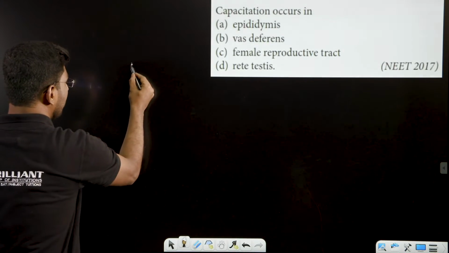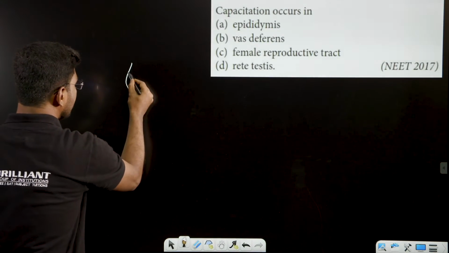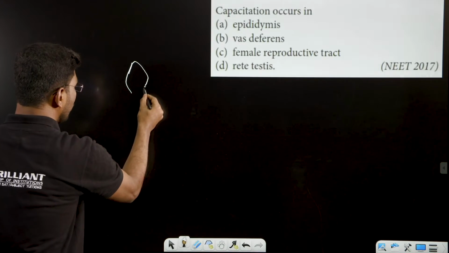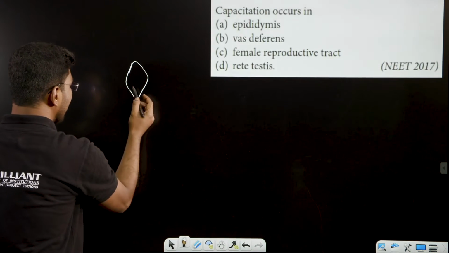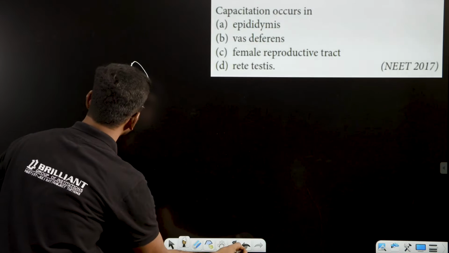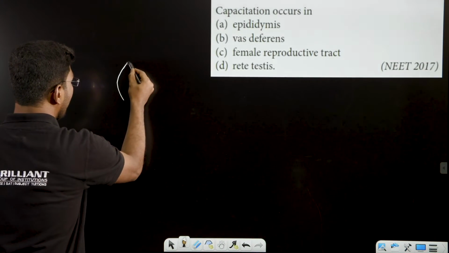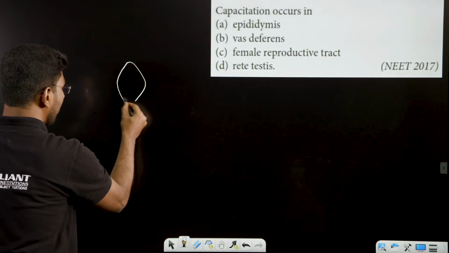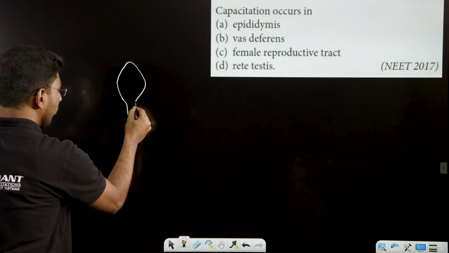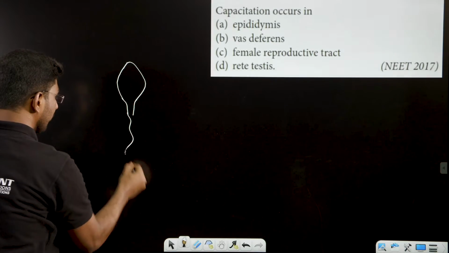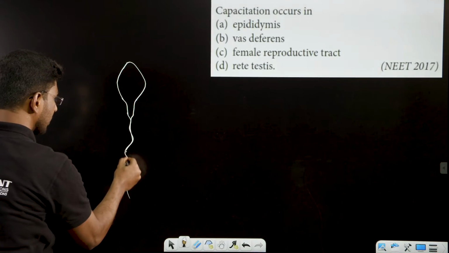This is the sperm head part. We know sperm has neck part, head part. Let me draw properly. Acrosome is there, head part is there, middle piece is there, and also tail is there. Yes, we have seen this one. This is the sperm structure.